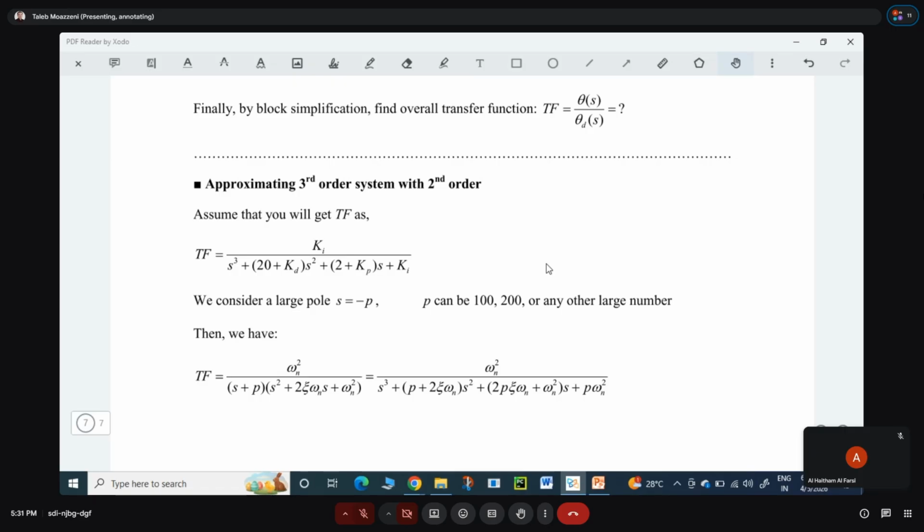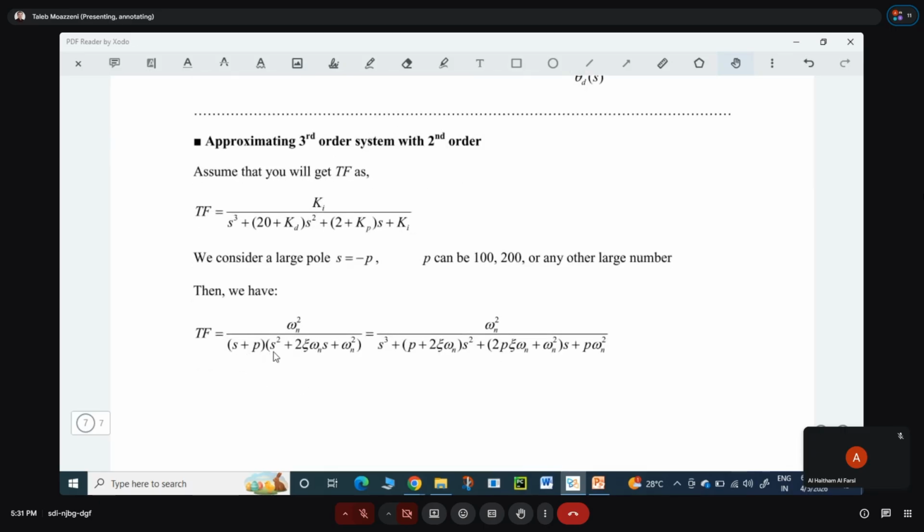So then you will have an equation like that. You see the equation. TF is omega_n^2 over (s + P)(s^2 + 2 zeta omega_n s + omega_n^2). So I multiply by that pole. The pole is the root of the denominator. So the denominator is third order.